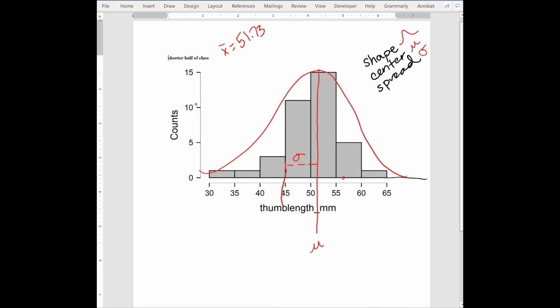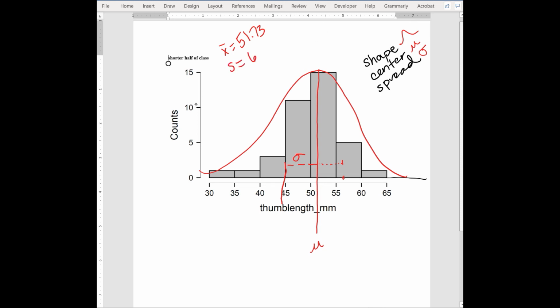So our mean, our balancing point, is in the center. Standard deviation goes out to about here. That means that most people, I think, are probably in this section, right? So on average, people have a spread based on this sample.